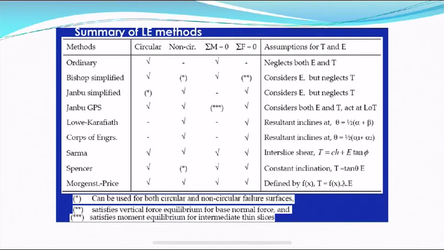In the case of the Bishop simplified method, it is for a circular failure surface, and moment equilibrium is satisfied. It considers the normal force perpendicular to the vertical surface on both sides of the slice, but neglects the tangential forces. The tangential forces are assumed to be zero.